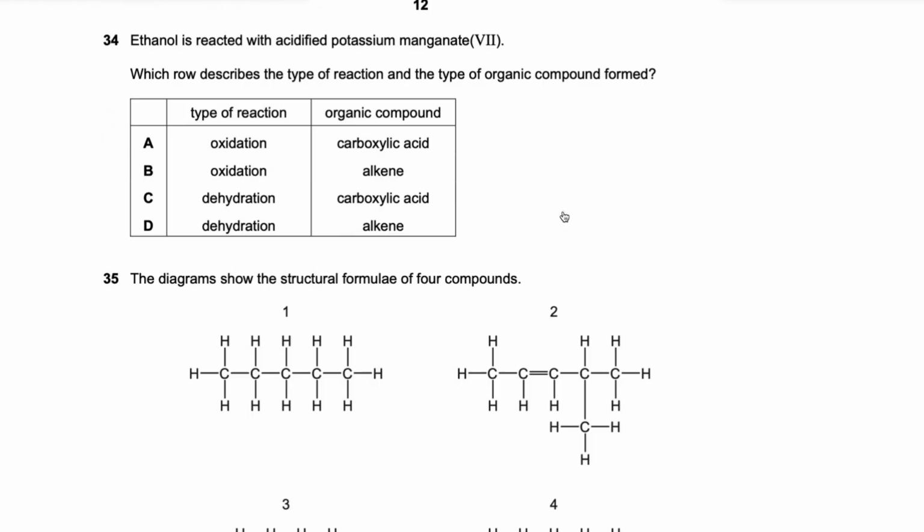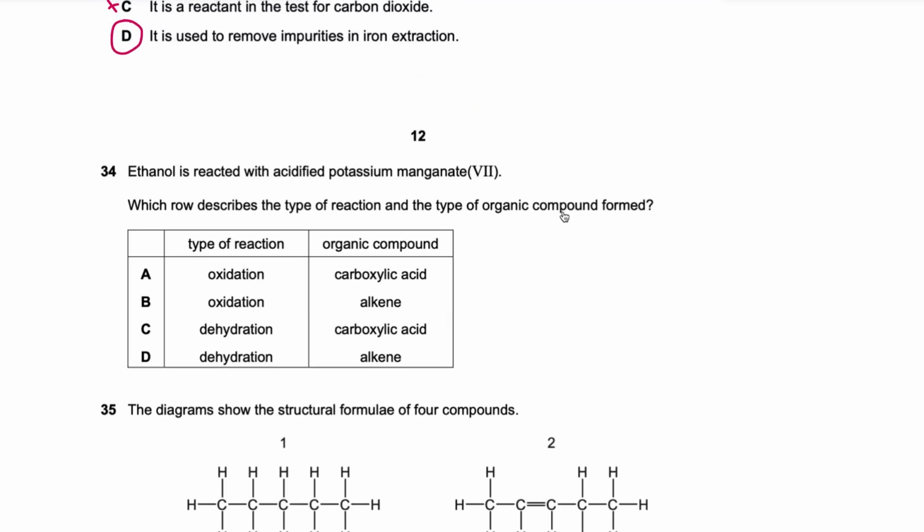Now let's take a look at question 34. Question 34 says that ethanol, now we are in organic chemistry, is reacted with acidified potassium manganese 7. You see the name? Acidified potassium manganese 7.